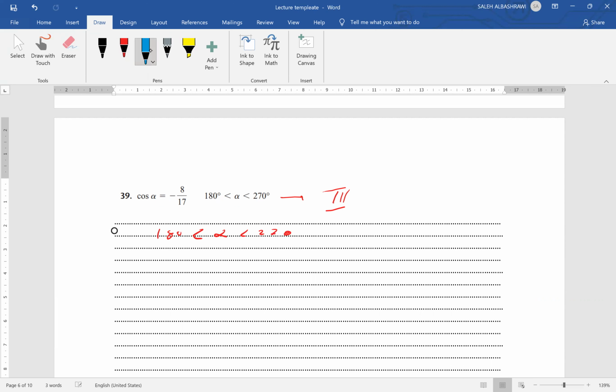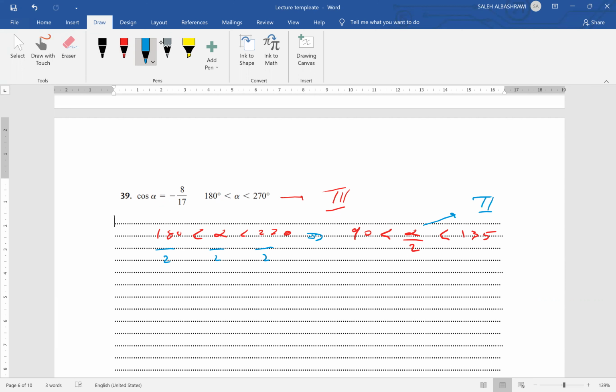If we divide by 2, 180 divided by 2 is 90, less than alpha divided by 2 less than 135. It means that alpha over 2 is in the second quadrant.